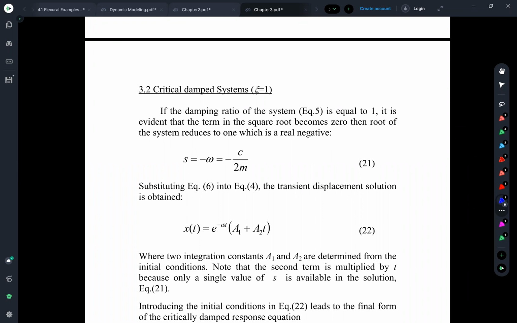So I need the two roots of this to contain two arbitrary constants, to take care of the two initial conditions that we mentioned before. But in 21, they're telling things differently. They show that there is only one root in the S.